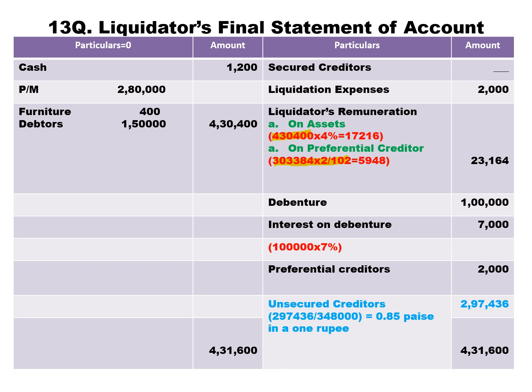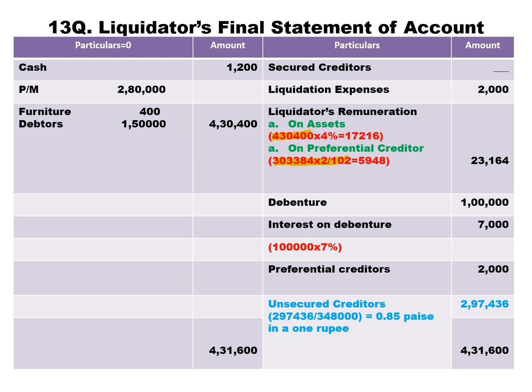How do you get 2,97,436? Total of receipt side 4,31,600 minus expenses 2,000, minus remuneration 23,164, minus debenture 1 lakh, minus debenture interest 7,000, minus preferential creditor 2,000. So we get 2,97,436.